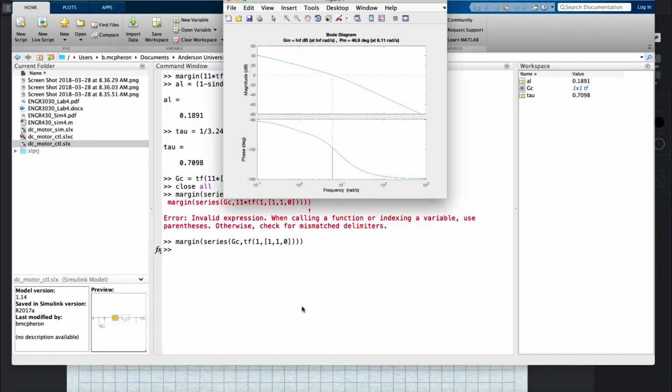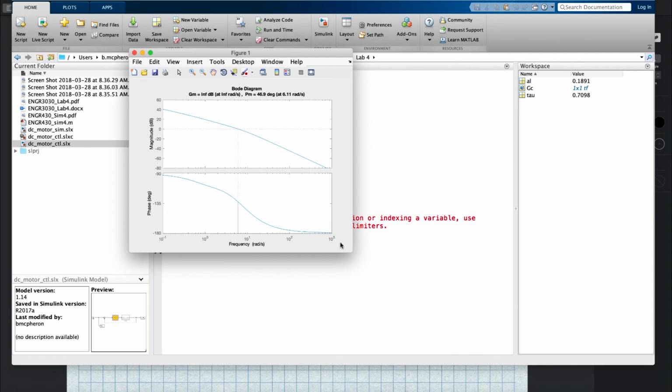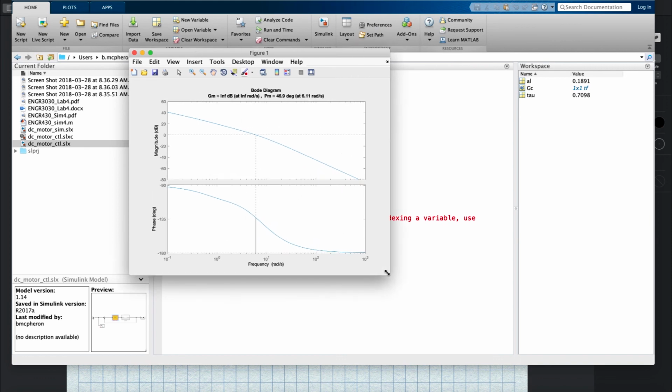And so what I see is now I've got a gain margin, still infinite decibels. That's wonderful. But what I was caring about is my phase margin, which is 46.9 degrees, which is bigger than I needed. What I was looking for was a phase margin of 45 degrees. I have met that requirement.